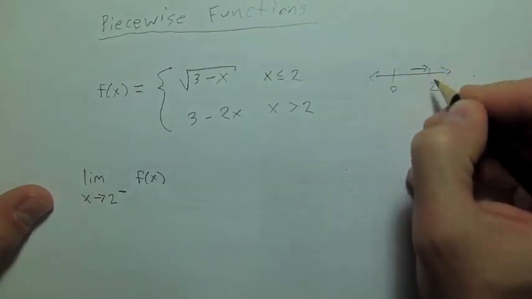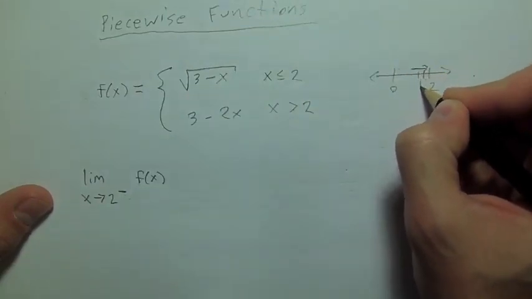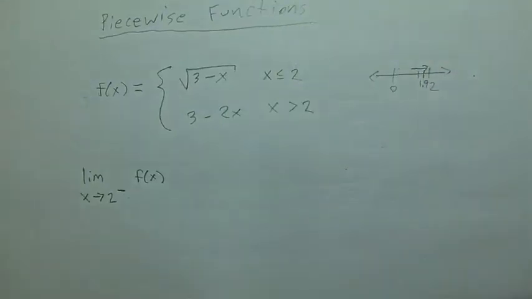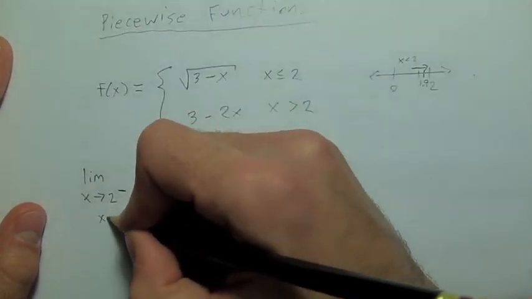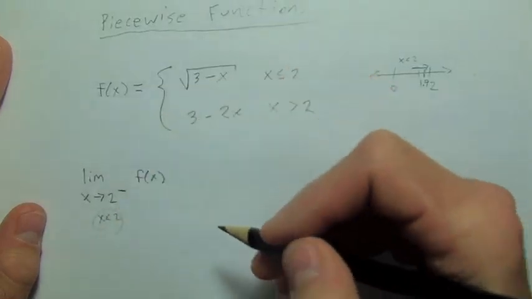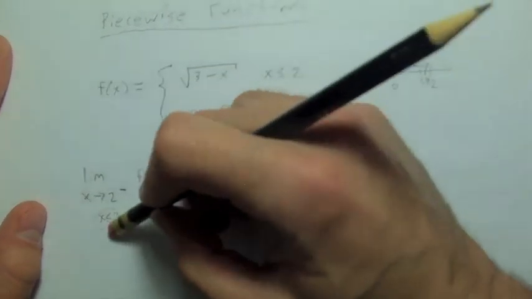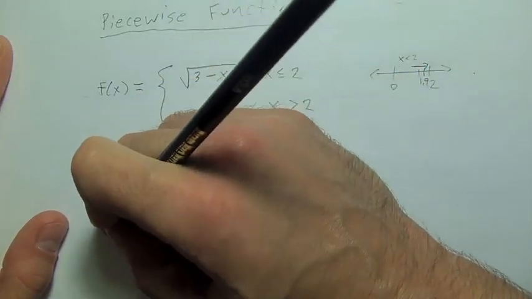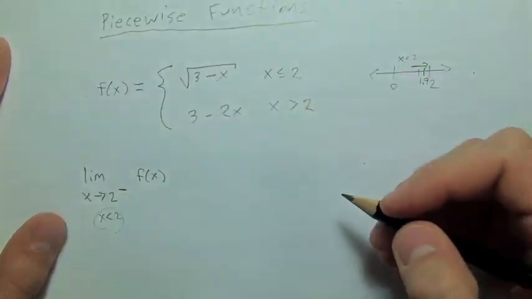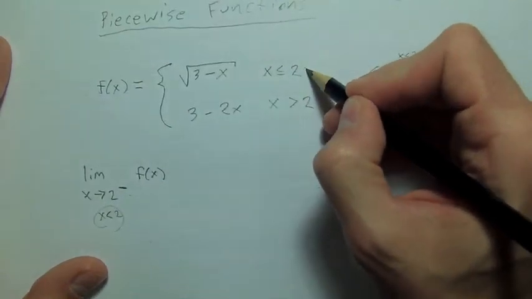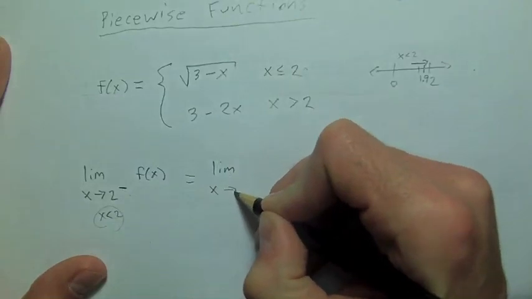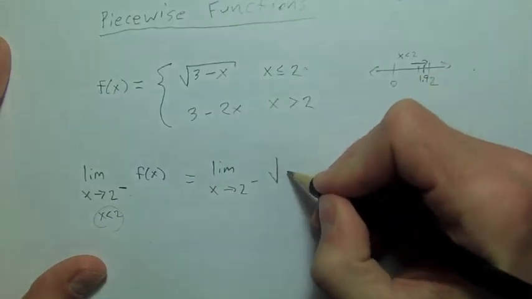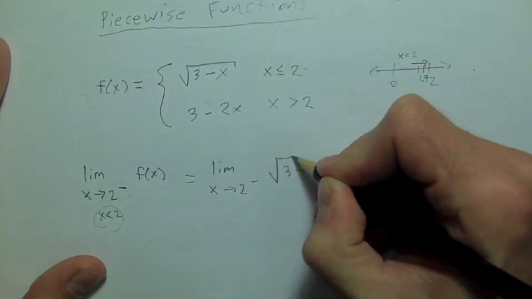I'm coming at 2 from the left, so we're looking at things like 1.9, 1.99, 1.999. So that's where x is less than 2. We're looking at the values where x is less than 2 or equal to, but remember the limit is not where x is actually equal to 2, just strictly less than 2. So that's going to be this top piece. So that will be the limit as x goes to 2 from the negative side of the square root of 3 minus x.